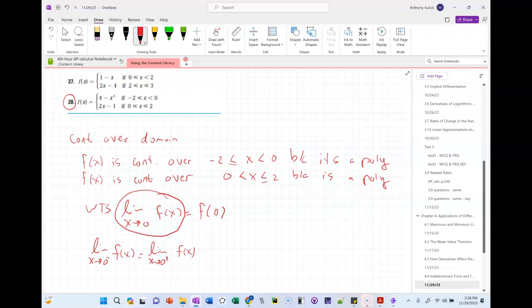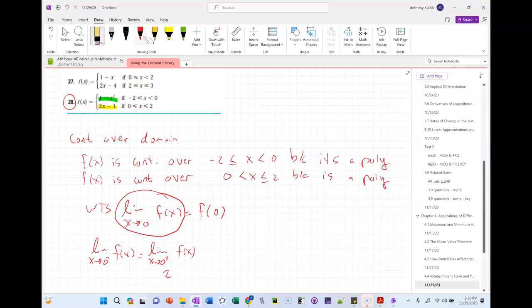What's nice about having to do that for this particular problem? This is continuous, and this is continuous, so I can just do this by direct substitution. Correct? So this should be 4, and this should be 2.